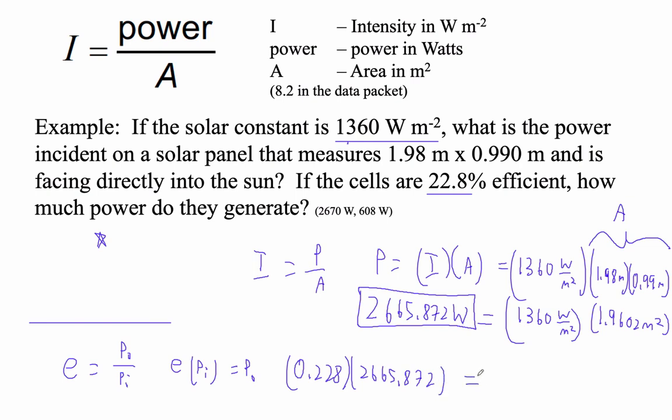I get 607.8 actual watts of power, which is nothing to sneeze at, right? That's a lot of power. It would be power that would just turn into heat if it was shining on your roof instead of those solar panels. I think that's it.